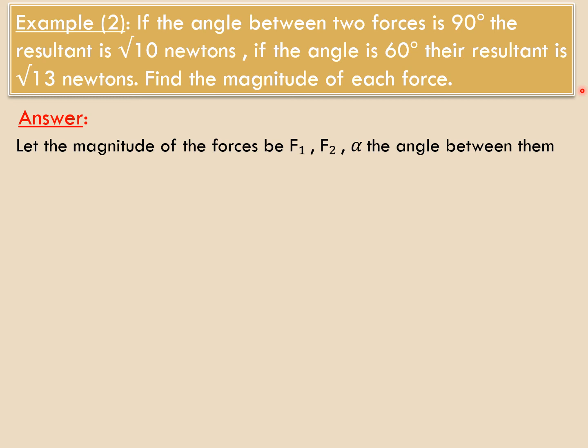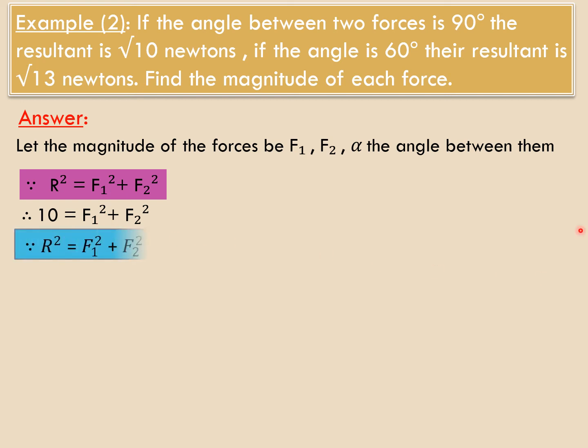Let the magnitudes of the forces be F1 and F2 and the angle between them be alpha. So R power 2 equals F1 power 2 plus F2 power 2 because alpha equals 90 degrees. So root 10 power 2 equals 10 equals F1 power 2 plus F2 power 2.